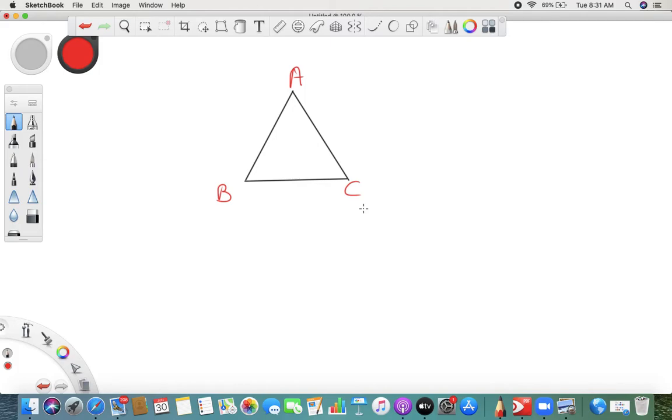Now this is our incident light. So when a light falls, this is our incident ray.